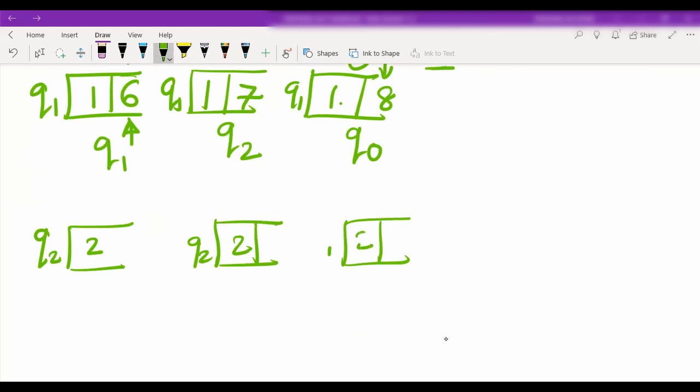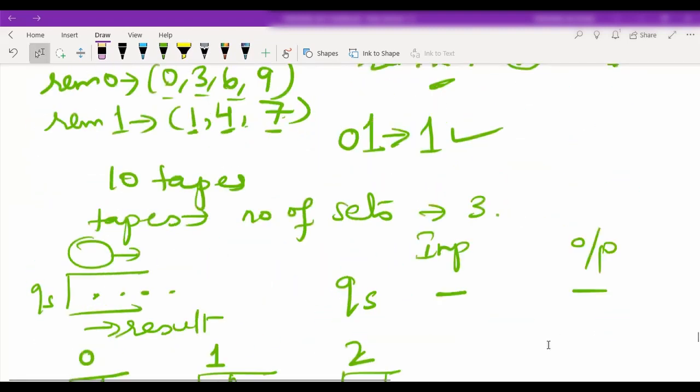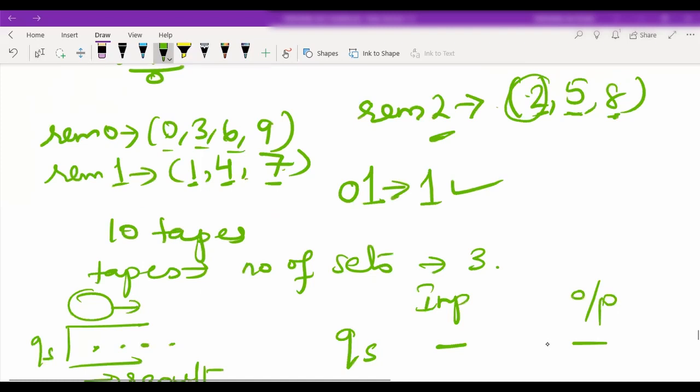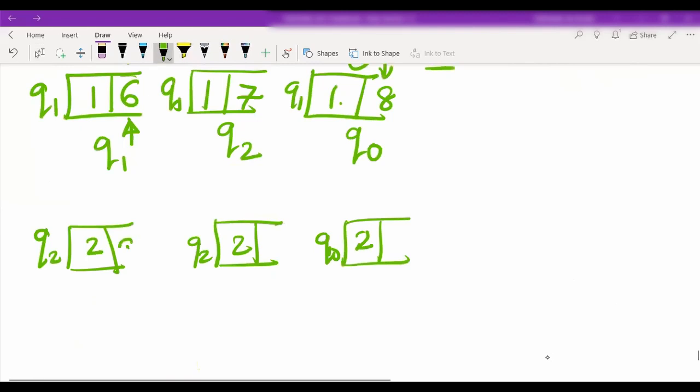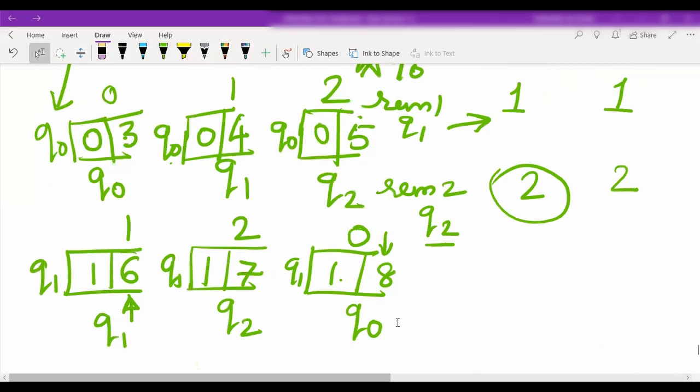Now with the 2 at the 10th place, here we are going to write any element from the set remainder 0. Suppose I am taking 9. You can take 0 also, you can take 3 also, you can take 6 also, you can take 9 also.